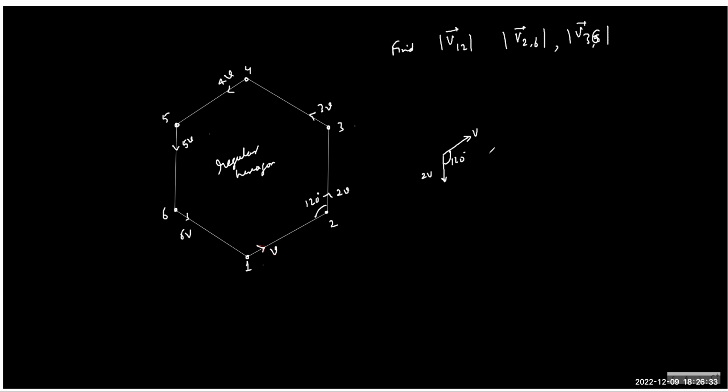So this is 1 and 2. So V12 will be how much? V square plus V square plus 2AB, which is 4V square cos 120, and cos 120 is how much? Minus half. So 2 plus 46. Correct?